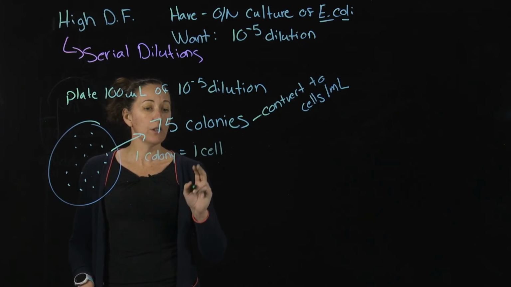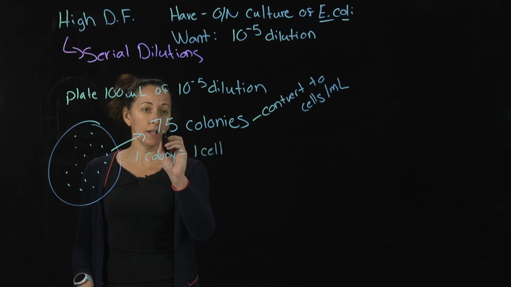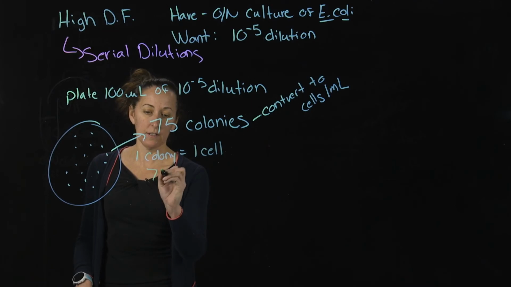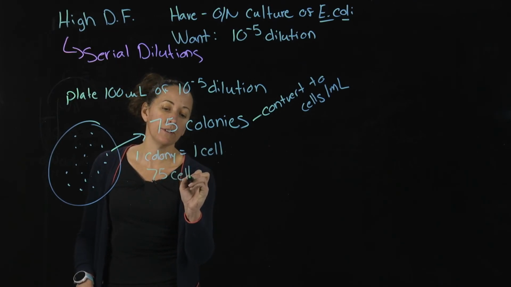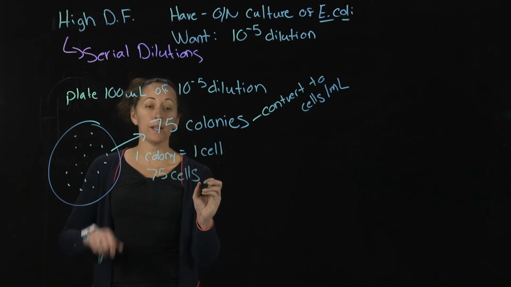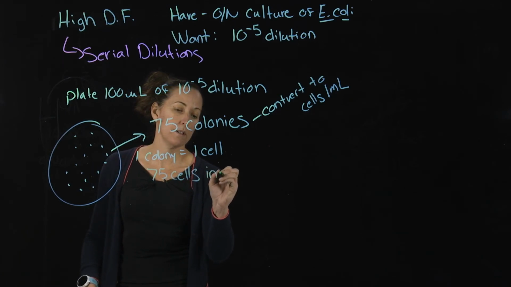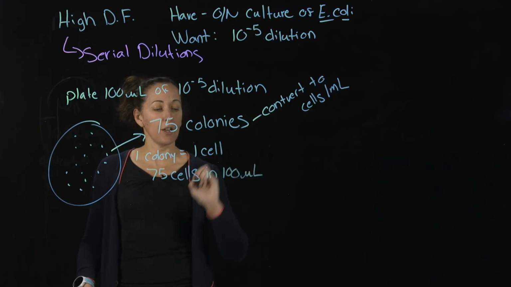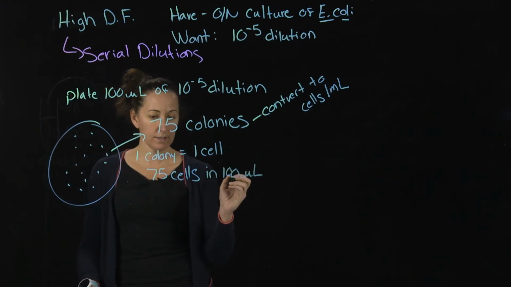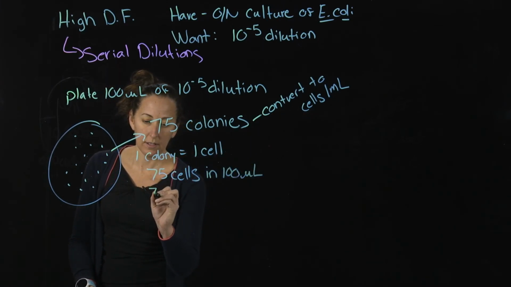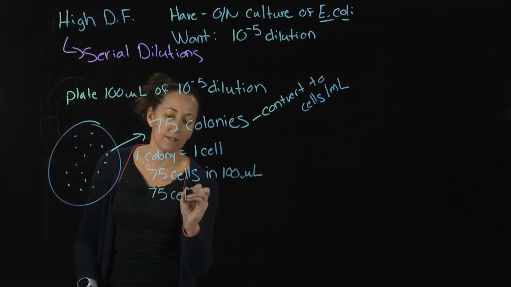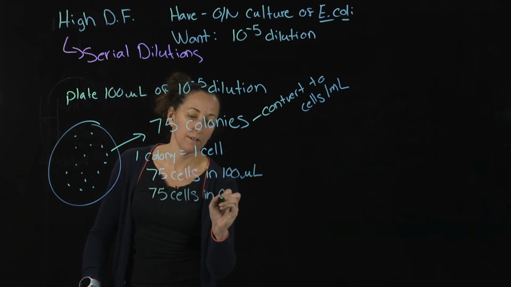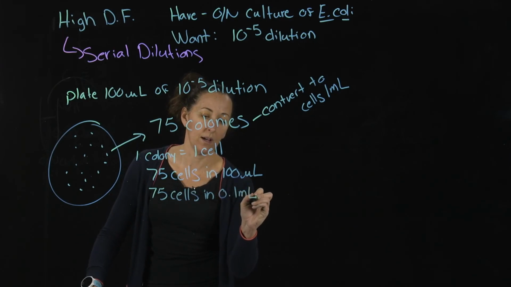If that's the case, we now have 75 cells, but we only plated 100 microliters. We're after cells per mil. So let's convert that to 75 cells in 0.1 ml.